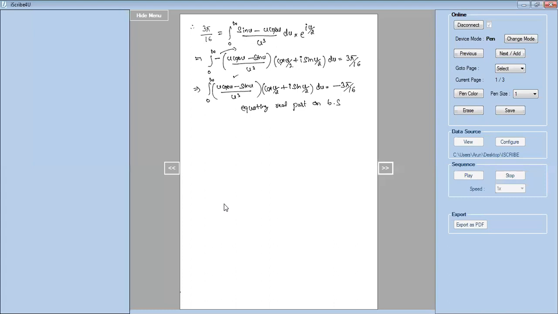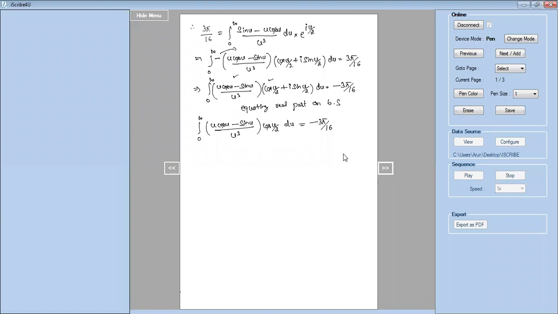It is the integral from 0 to infinity of (u cos u minus sin u) divided by u cubed into cos(u/2) du. What is the real part on the right? There is no imaginary part, there is no i term here, so this is the real term: minus 3 pi by 16.